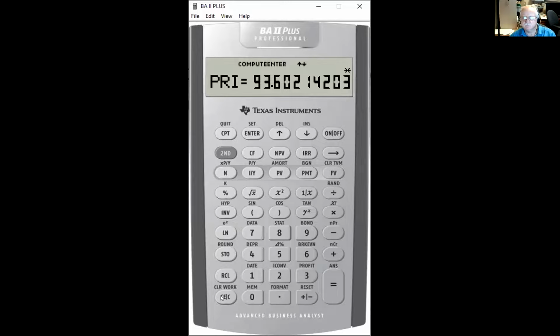Let's go store 7 and down and store 8. And then we can forget that. So 8 and 9, were those the correct interest rates? 8 and 9.